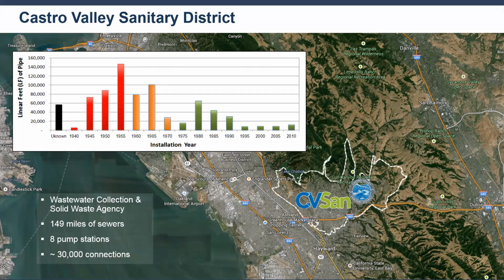And so it created a much better seal on the joints. So any pipes installed before that have failed mortar joints every 2 to 3 feet, which allows roots and I&I to often overwhelm the system. So they're in a challenging situation with about half of their pipes being in this red zone.